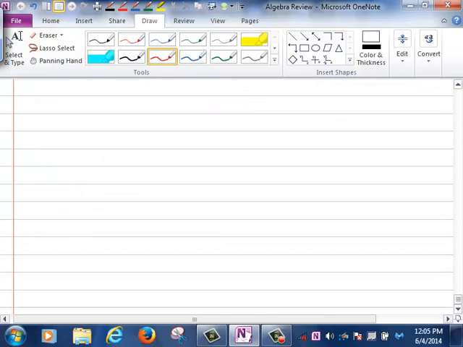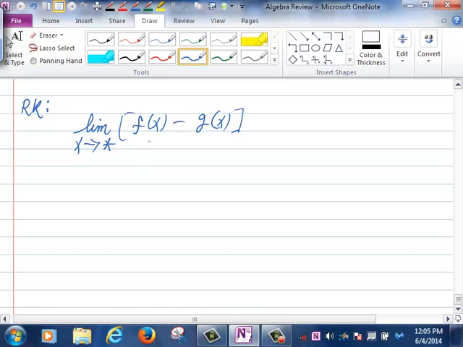Okay, now I am going to be talking about one more type of problem. Sometimes you have the difference of two. So sometimes what happens is that, let me say that as a remark, sometimes you are taking the limit as x going to somewhere of f of x minus g of x, and what happens is that f of x goes to infinity and g of x goes to infinity as well.